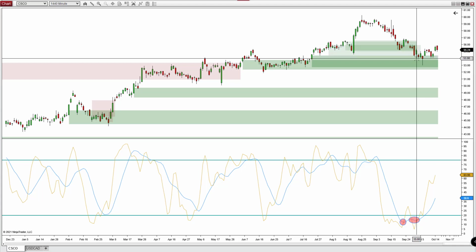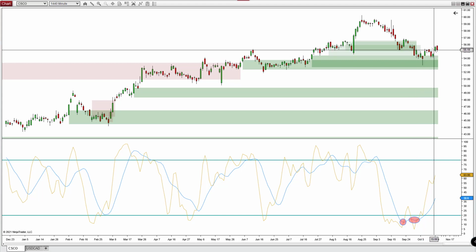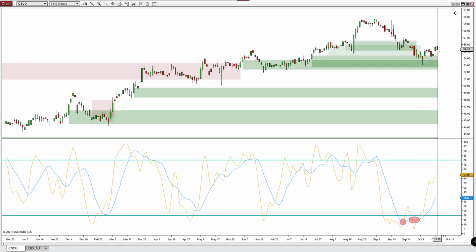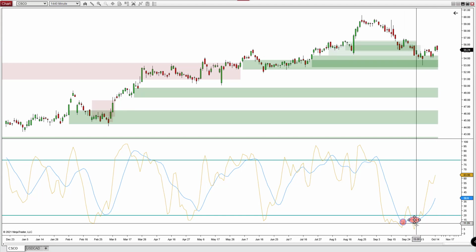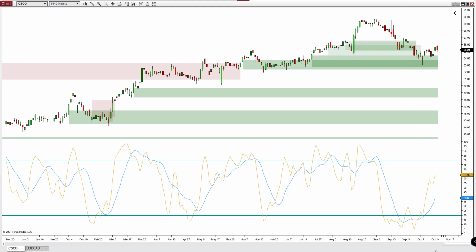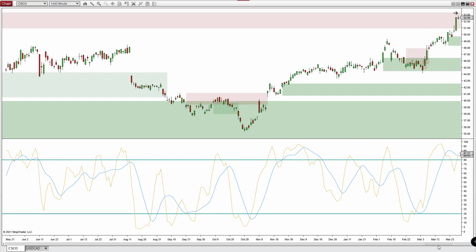And then we get another one here. And then this one, we finally get an entry, but it doesn't happen until way over here. Okay. So let's go find a couple other examples, and then we'll wrap it up because that's all we need to discuss on stochastic.